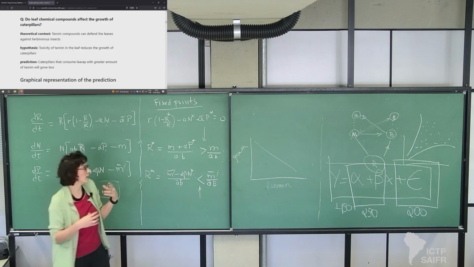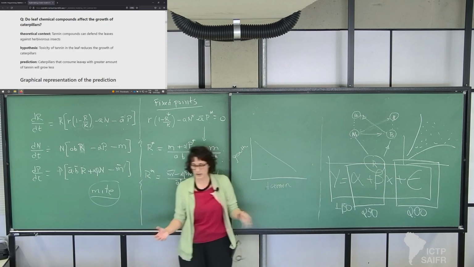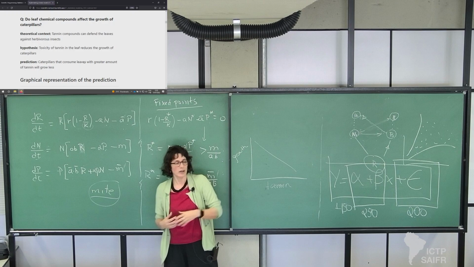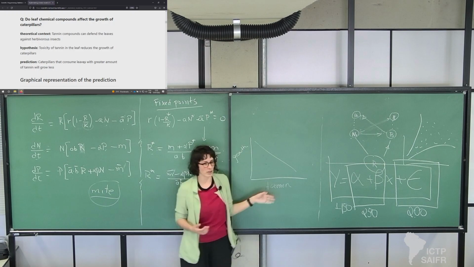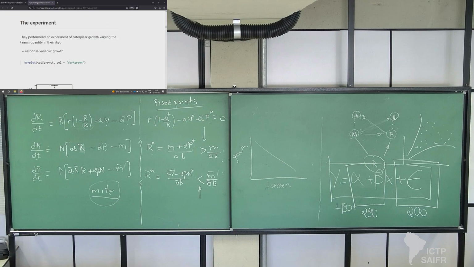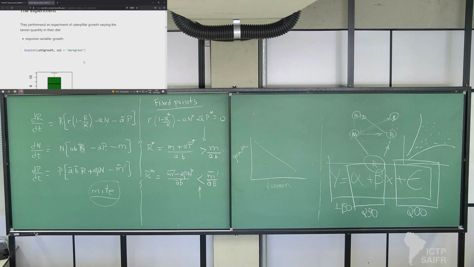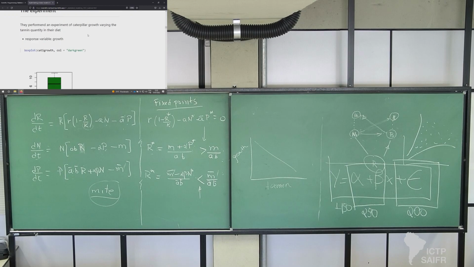But even though we do not have an explicit prediction, and we are doing something exploratory, we should be able to think about the possible outcomes of the relationship of the variables that we are exploring. So they did an experiment on caterpillar growth, varying the tannin quantity.